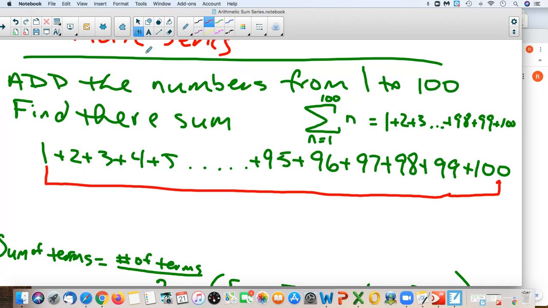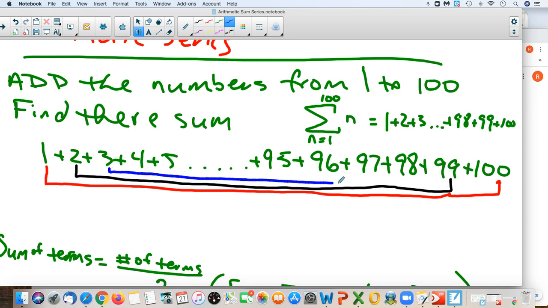You take the next term in the sequence, the 2, add it to the number 99. You get 101.